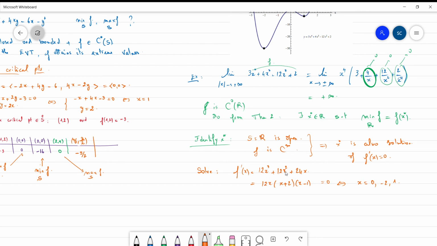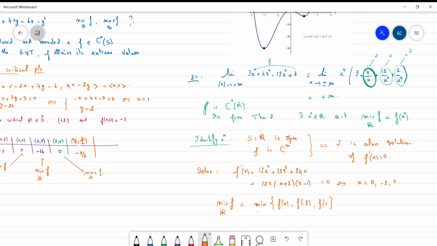Now, which one? Since the minimum is attained, it is a critical point, so the minimum of f over R will be the minimum among these values: f(0), f(-2), or f(1).